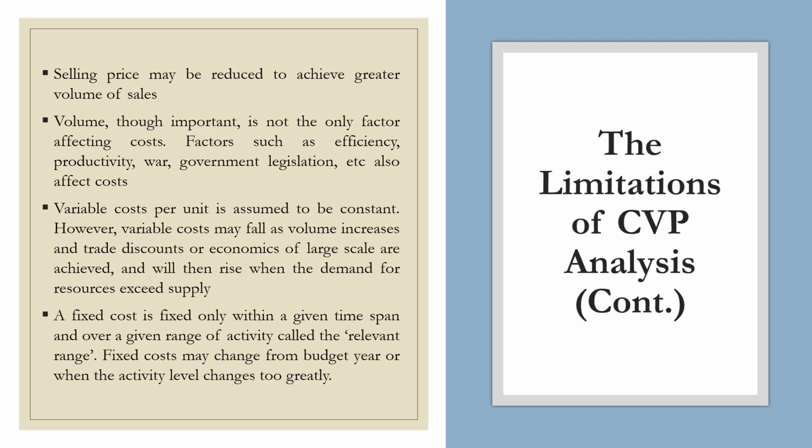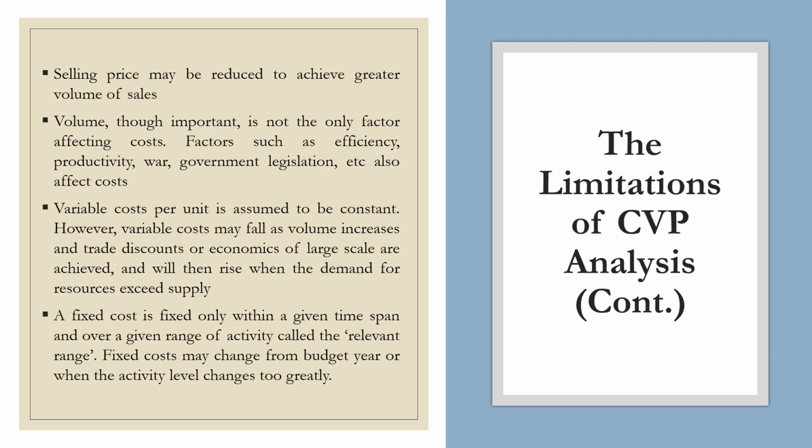And then the variable cost per unit is assumed to be constant. However, variable cost may fall as volumes increase and trade discounts or economies of large scale are achieved, and will then rise when the demand for resources exceeds supply.